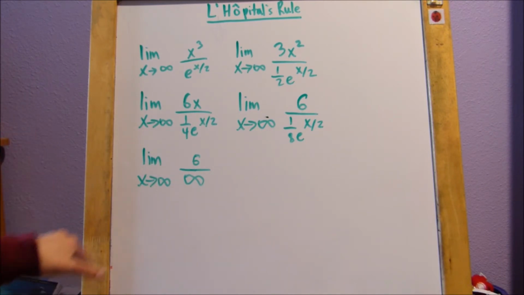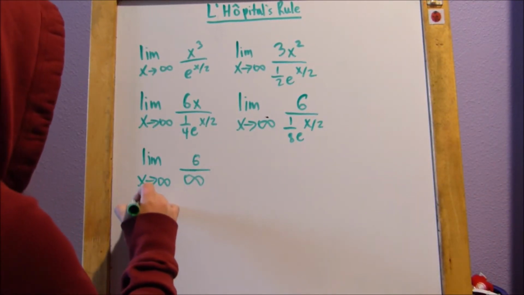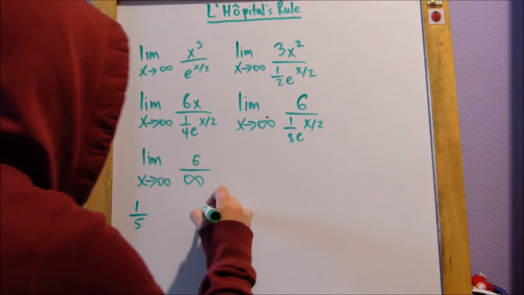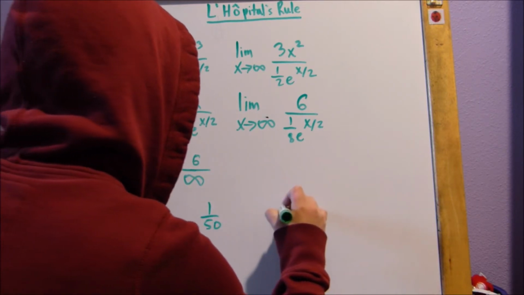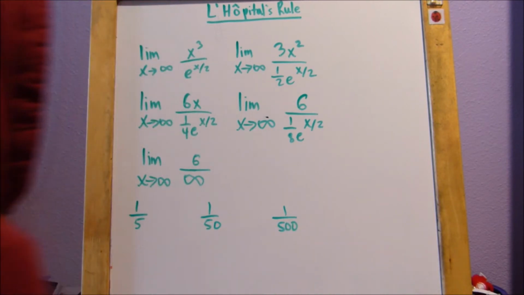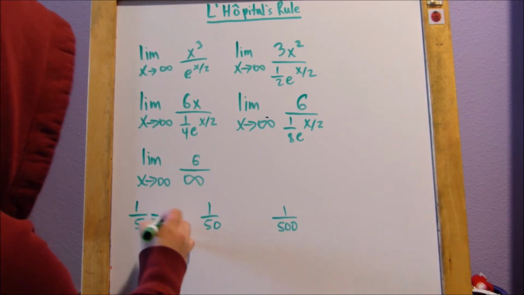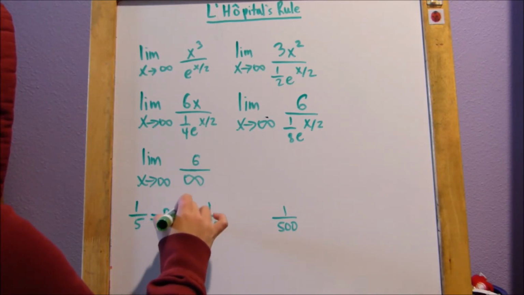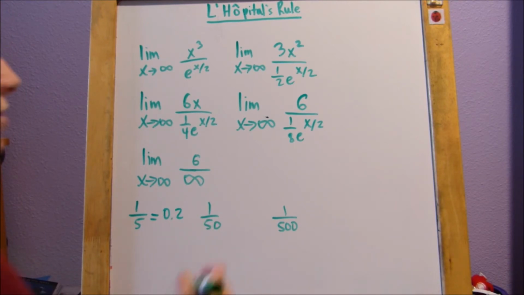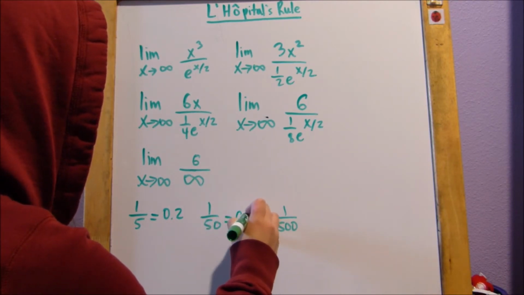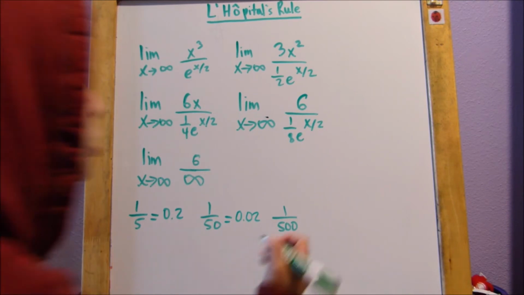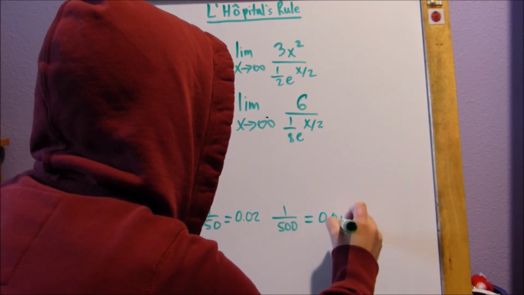So I notice that this denominator is extremely large, right? Let me show you something. If we were to have 1 over 5, 1 over 50, and 1 over 500, let's compare how their decimal numbers work. 1 over 5 is the equivalent of 0.2. 1 over 50 is the equivalent of 0.02. 1 over 500 is the equivalent of 0.002.